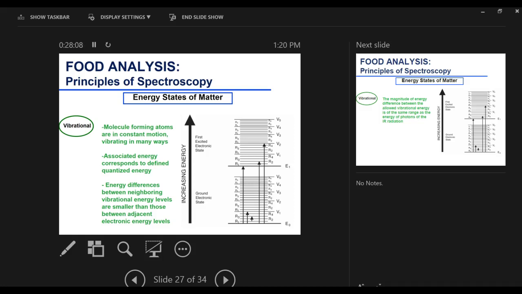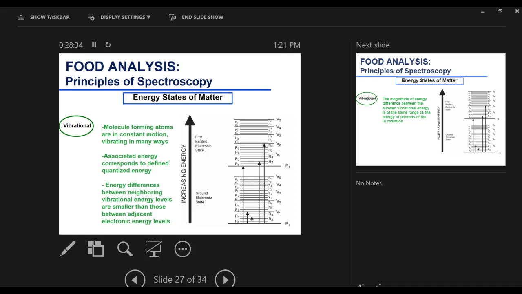So the vibrational energy has to do with the bonds within a molecule. An atom does not vibrate. Atoms within a molecule are bonded together by sharing electrons. That bond vibrates upon absorption of energy, and that we call vibrational energy.